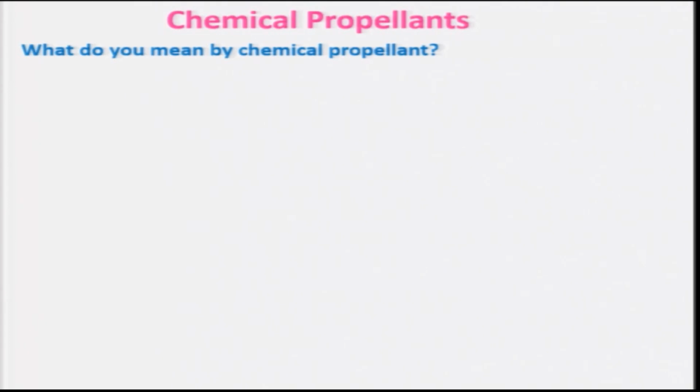A question might come to your mind: what do you mean by chemical propellant? A chemical propellant basically consists of 3 major components: fuel, oxidizer and additives. Of course, we are aware of fuel and oxidizer, but a question might come, why do we use additives and for what?